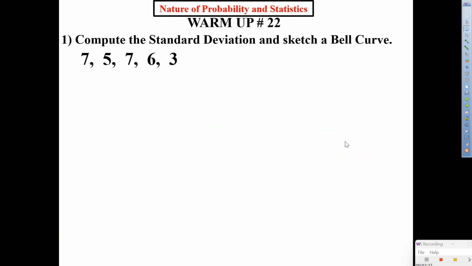Copy the agenda, please. Agenda for today, warm-up number 22. We're going to continue and mostly finalize observational and experimental studies today. And tonight's homework is only numbers 15 through 18, so it's only 4 problems. We got this.